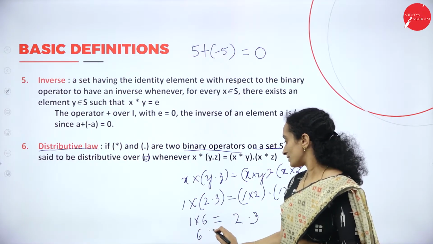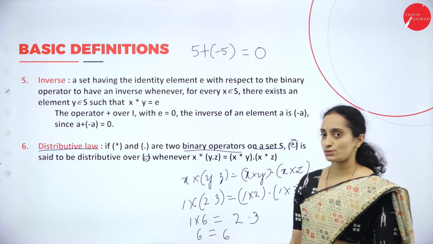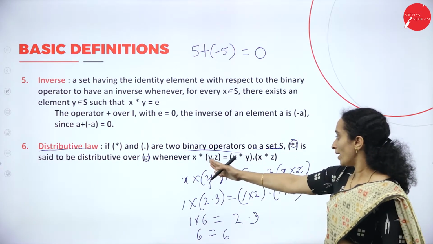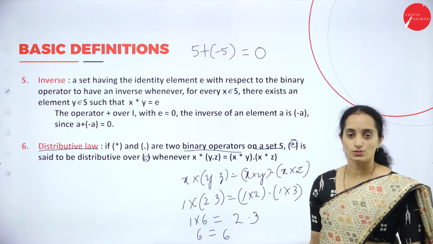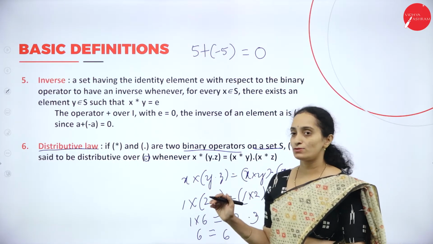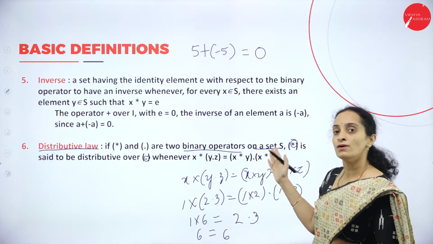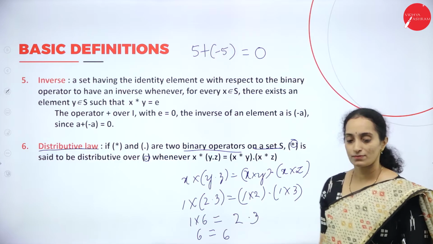So 1 into 6 is 6, and 2 dot 3 is also 6. Okay. Distributive law holds good when the expression x into y dot z is equal to x into y dot x into z holds.